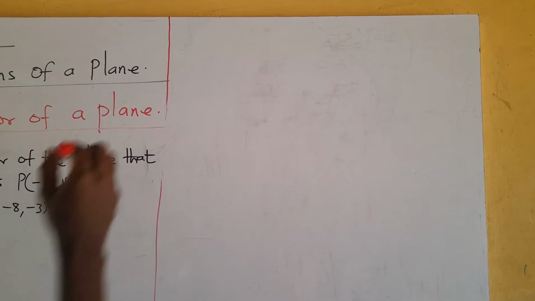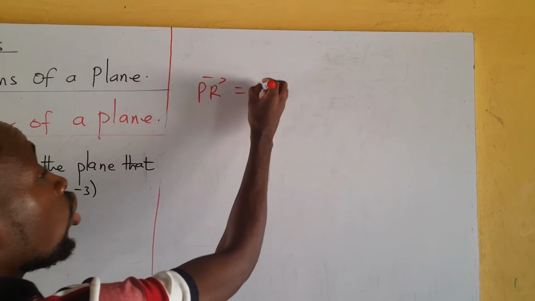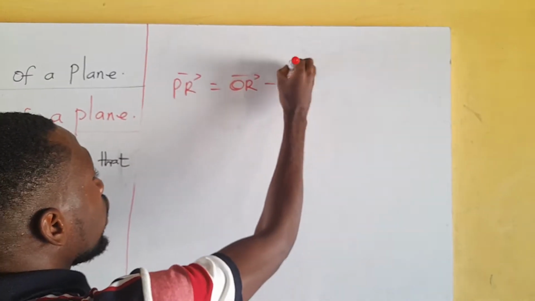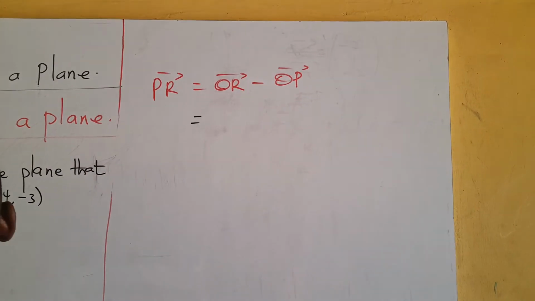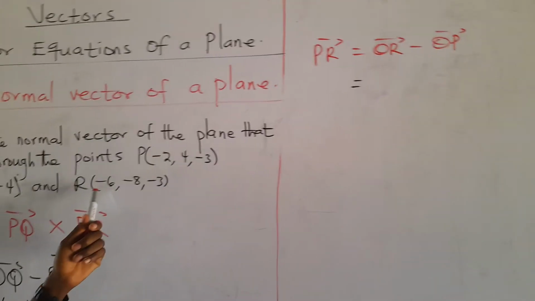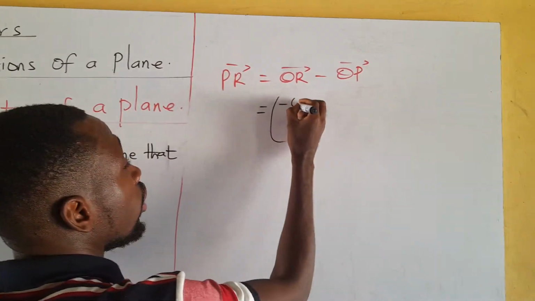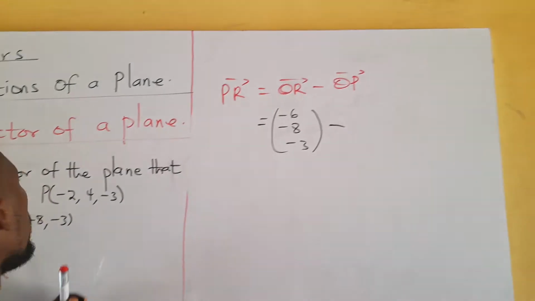So we need to find PR too. The directional vector PR is equal to OR minus OP. So what's our OR? The OR is negative 6, negative 8, negative 3. Minus OP.